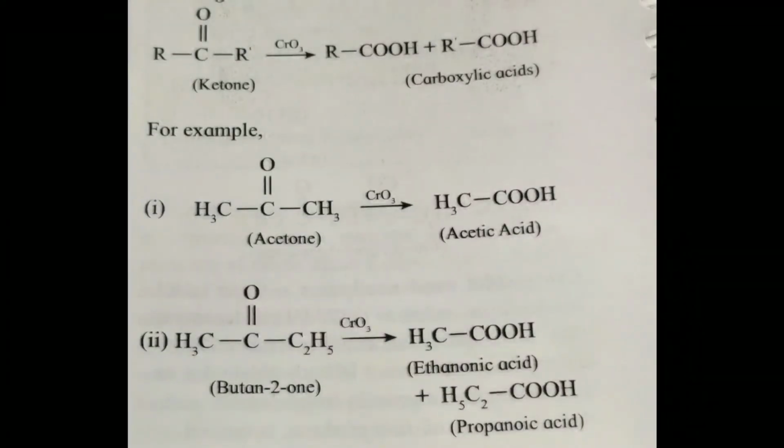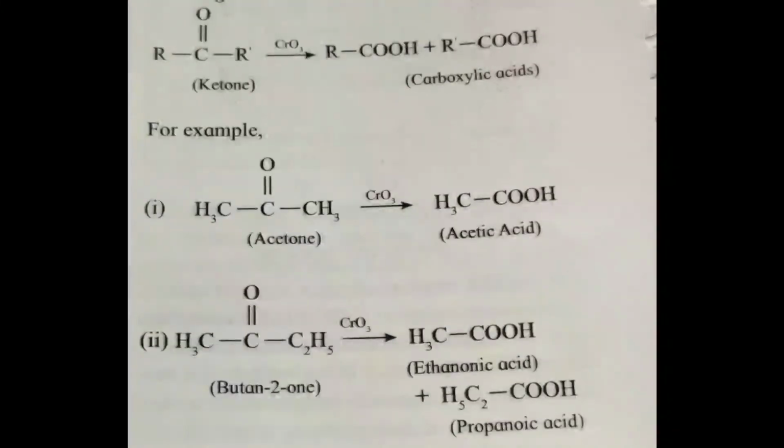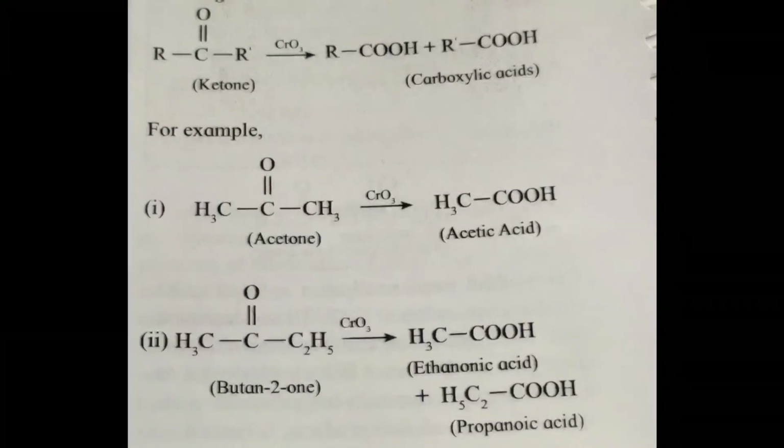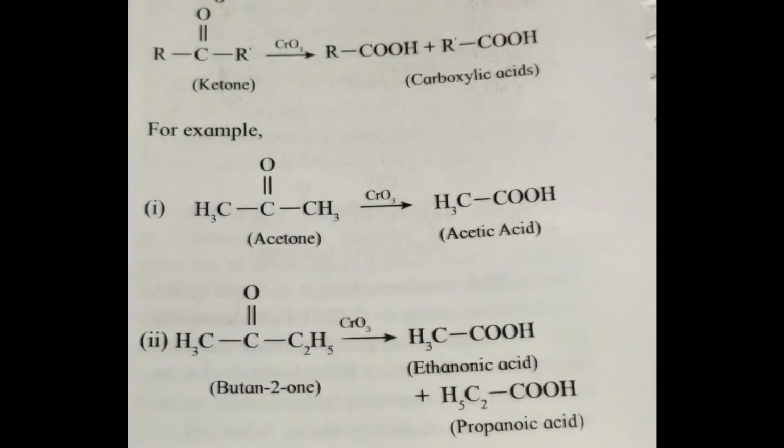The ketones resist oxidation due to the strong C-C bond, but they are oxidized by strong oxidizing agents such as CrO3, alkaline KMnO4 or hot concentrated nitric acid to a mixture of carboxylic acids having fewer carbon atoms than the starting ketone. Thus, the oxidation of ketones is accompanied by breaking of carbon-carbon single bond.